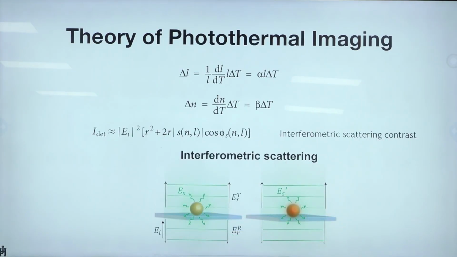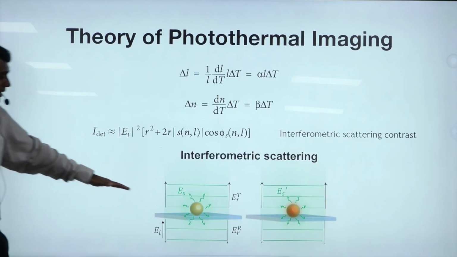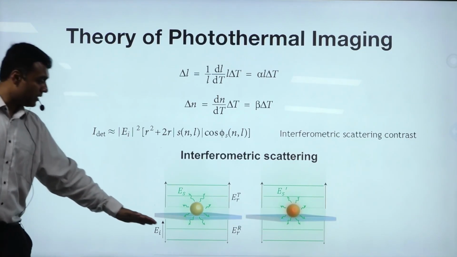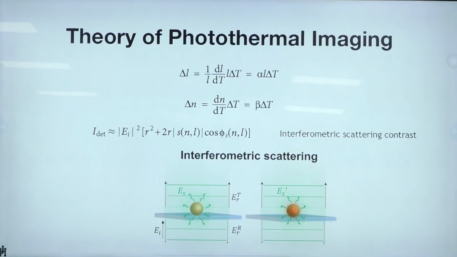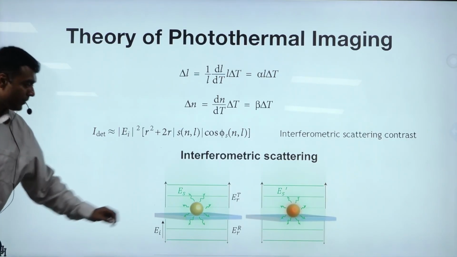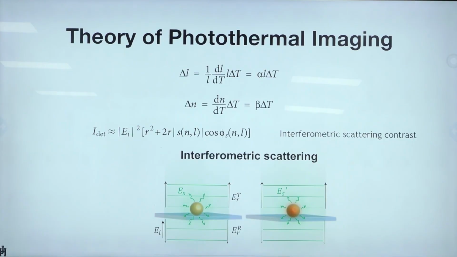Another way uses interferometric methods, so it uses interference. Light is incident on the sample, maybe some beads or some tissue on a glass slide, like a calcium fluoride substrate.